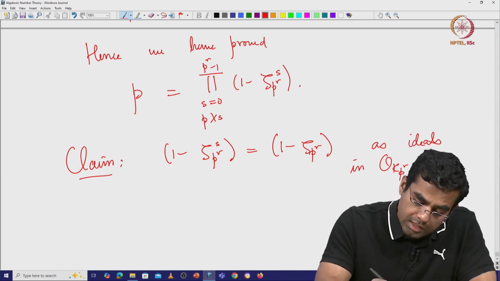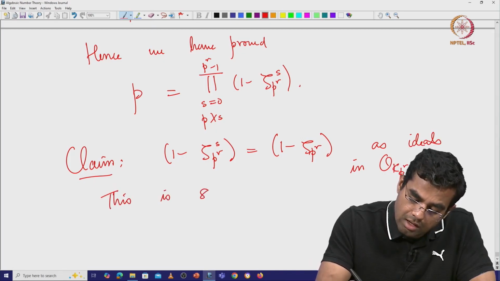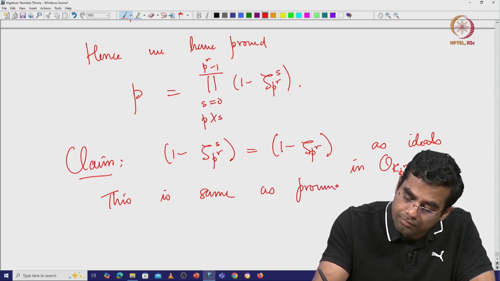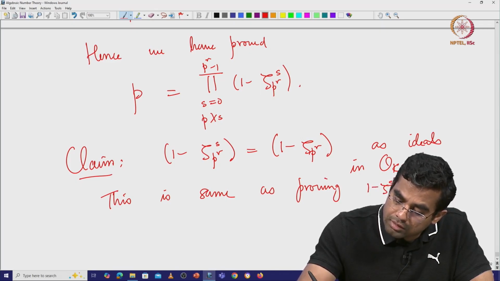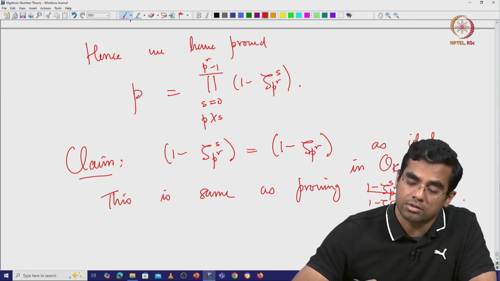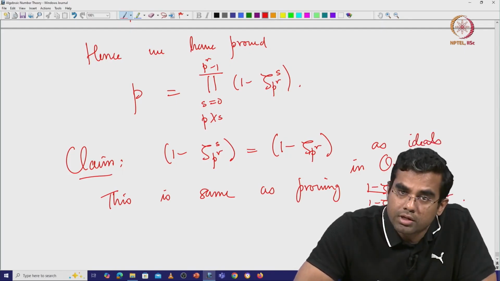This is the same as proving that the ratio (1 minus zeta p to the r to the s) divided by (1 minus zeta p to the r) is in the group of units of this ring of integers.